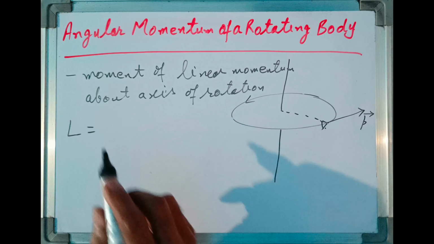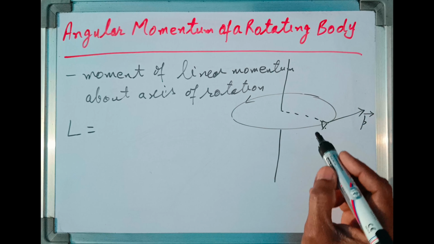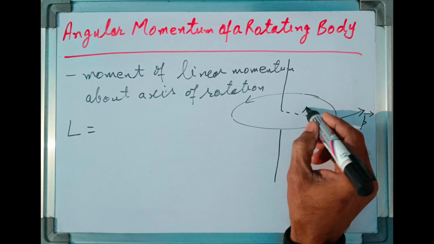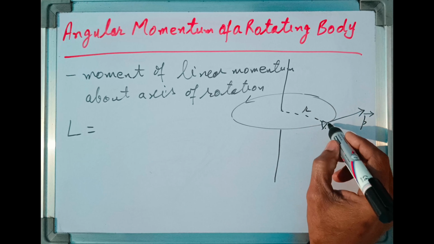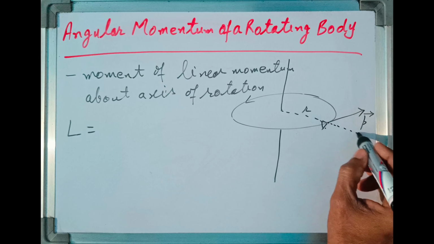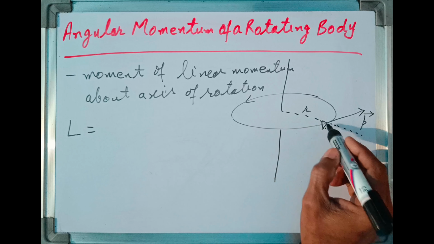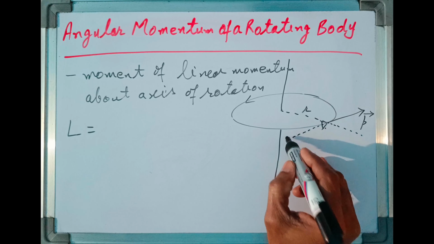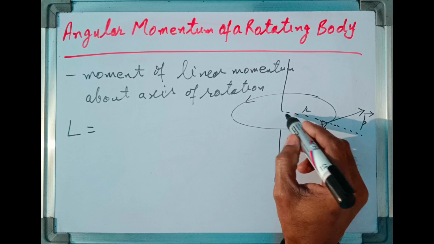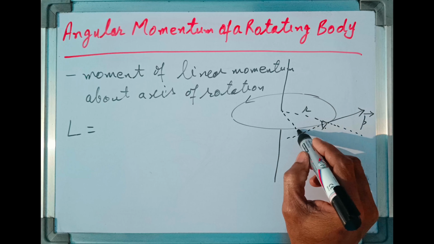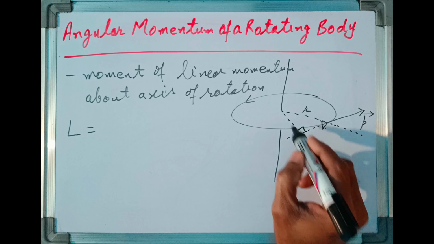Now, how to find the moment of linear momentum about this? Suppose this distance is r from the axis of rotation. If I produce this line further, and this line of linear momentum backward, then I drop a perpendicular over here. This is the foot of the perpendicular.